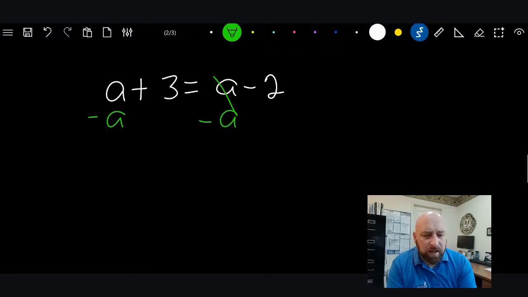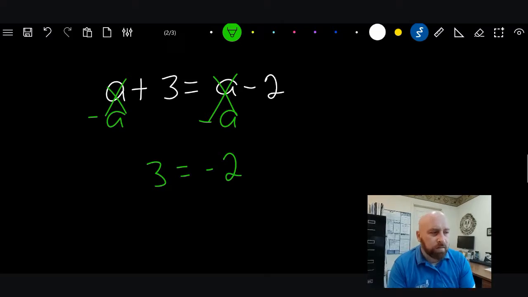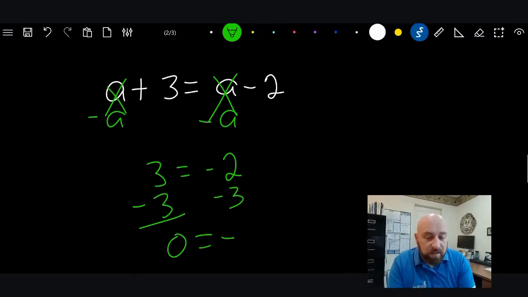We get cancel, cancel. 3 equals negative 2. And right there, we can say 3 does not equal negative 2. What happened to the a? The a went away. The a disappeared. And then we could even try minus 3 if we wanted to, and we'd get 0 equals negative 5.